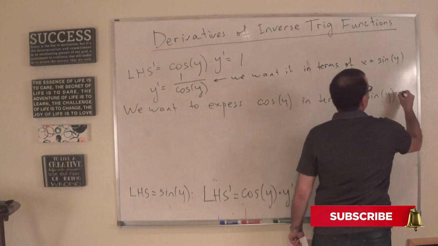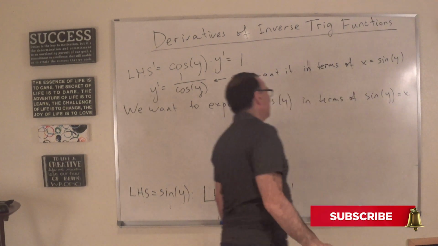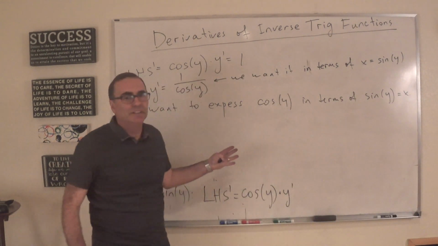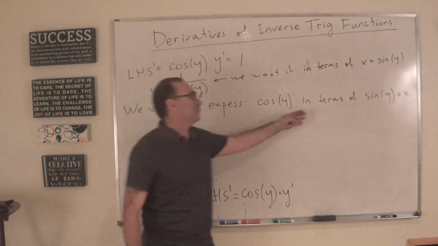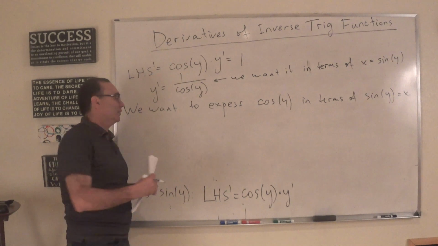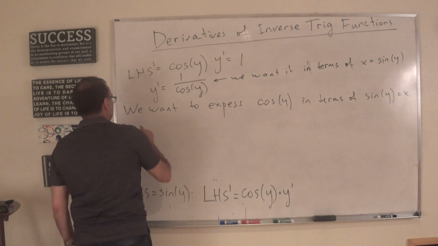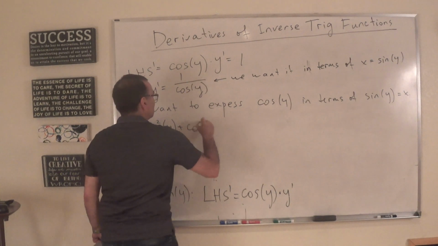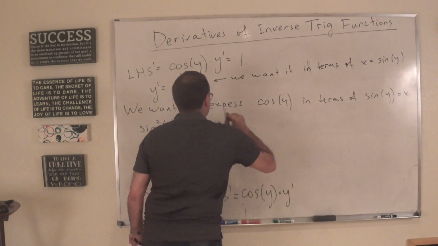And how do we do that? Well, we can use the main trigonometric identity that says that sine of anything squared plus cosine of the same thing squared equals 1. So now I will use it with y: sine squared of y plus cosine squared of y equals 1.